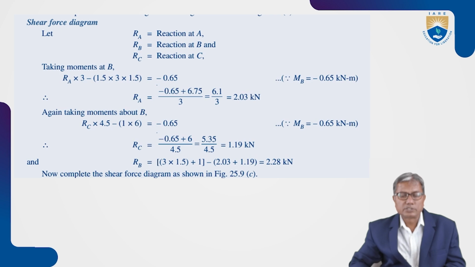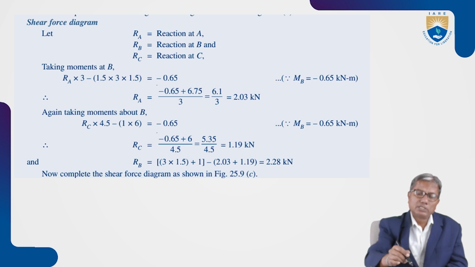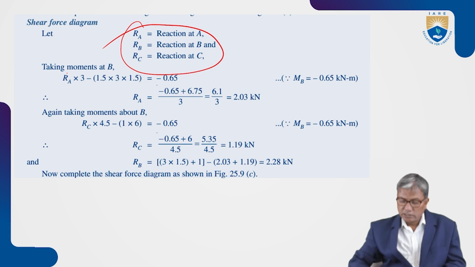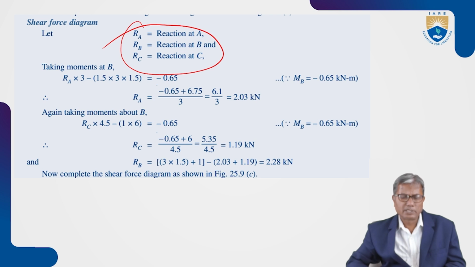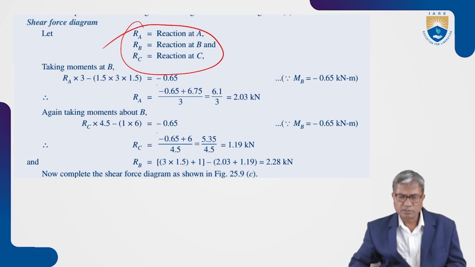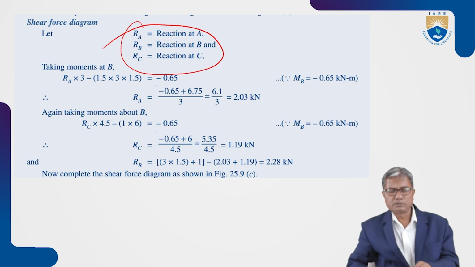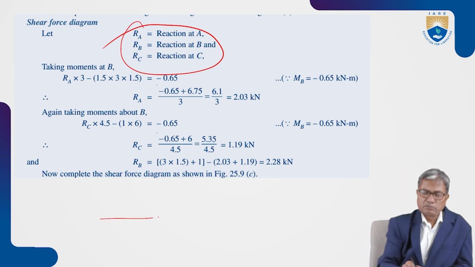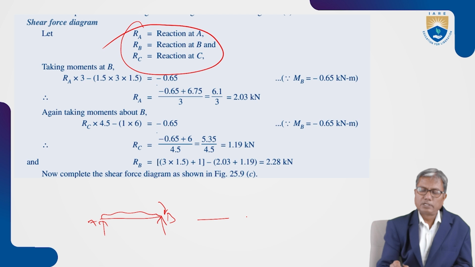To find the shear force diagram, we need to first find the reactions. For that, we consider the free body diagrams of spans AB and BC separately. Already we have discussed one such problem, so we are not going to discuss that now. The free body diagrams are nothing but simply supported beams, AB and BC.